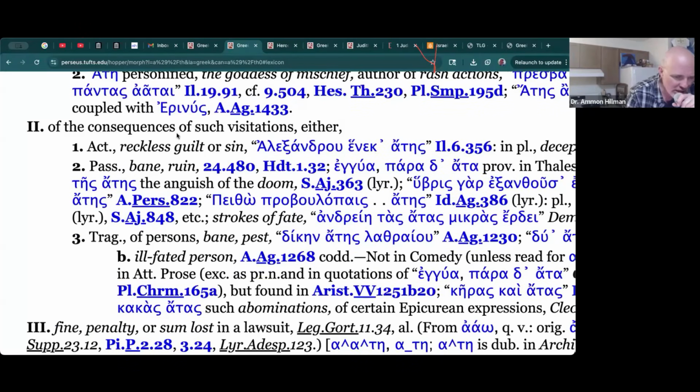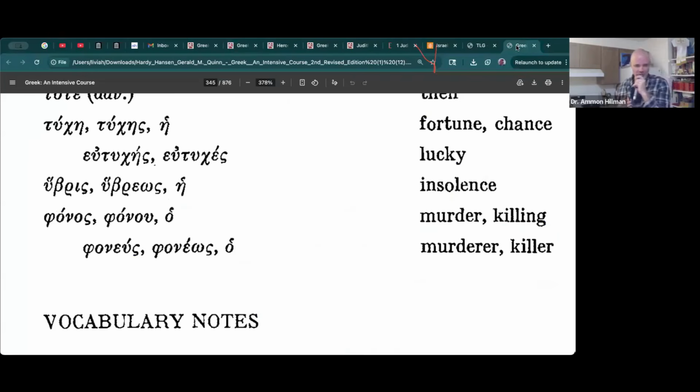But I just wanted you to see with number 2, she becomes that thing that she is punishing, right? Reckless guilt or sin. It's like people were saying, look, there's a very simple universe out there, and all we have to do is show you how the physics work.